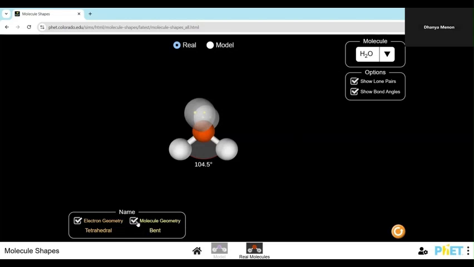Now, just now we discussed that when they are referring to the shape, we just ignore the lone pair, it has the bent shape. Now, this is the bond angle, 104.5 or 105. It should have been 109 degree, but it is not 109, it is 104. Because of what? Because of the lone pair, bond pair repulsion.